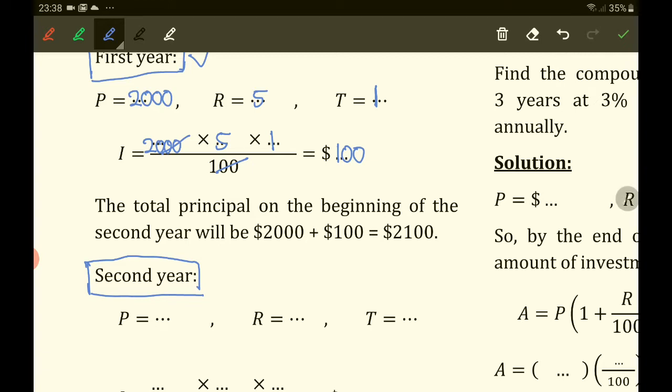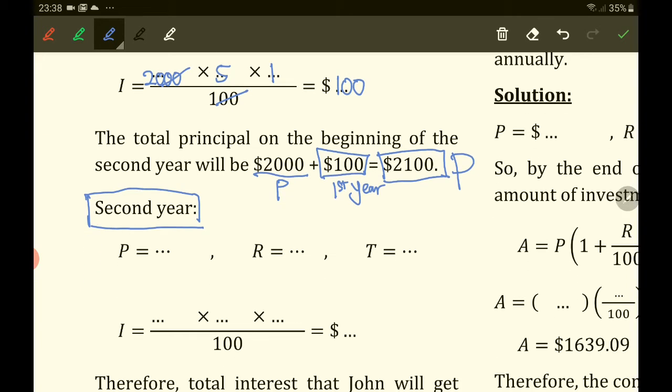The total principal at the beginning of the second year will be 2,000 plus 100. This is the interest for the first year, and this is the principal. So the new principal is $2,100, which we will use to calculate the second year interest.